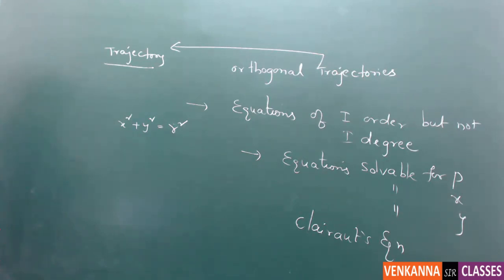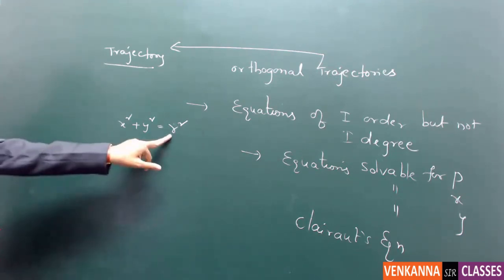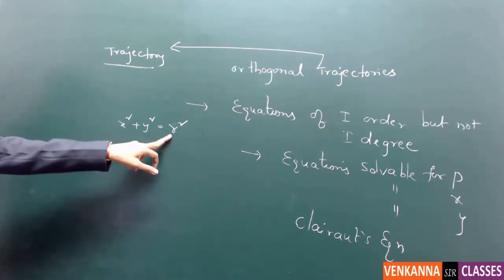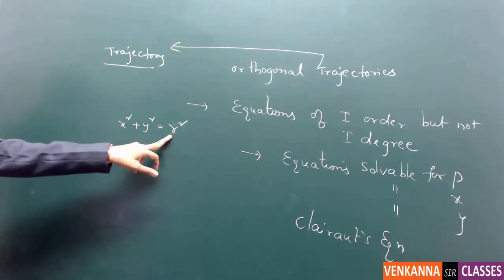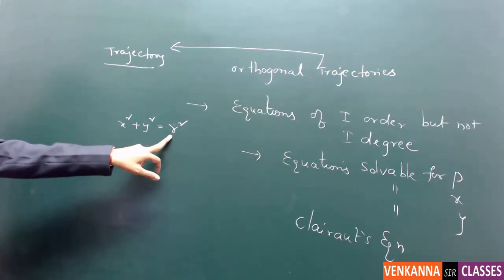Any doubts? So we are getting different circles for different values of r. Accepted? Or no? Any doubt with regard to this equation to anyone? Okay.